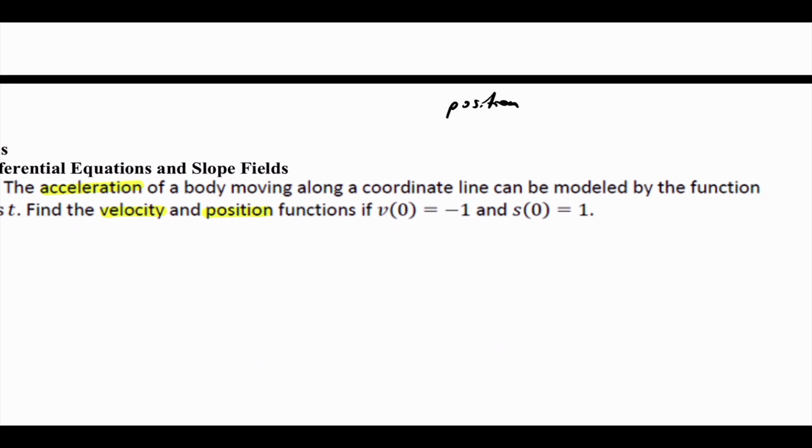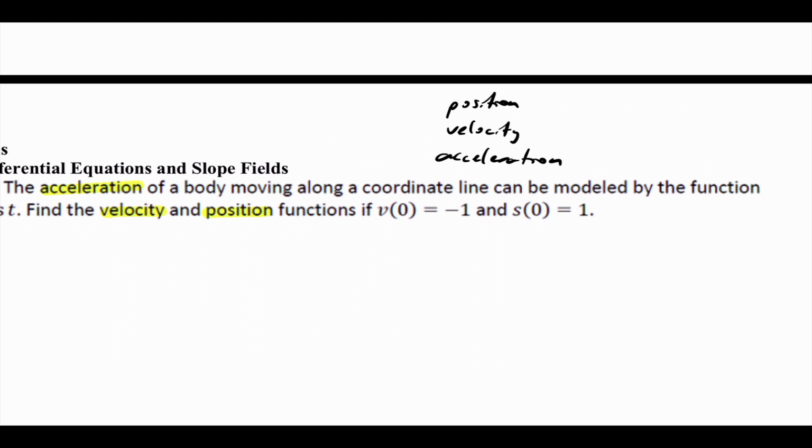So position, velocity, acceleration. So if you want to go down the list, you take derivatives. The first derivative of position is velocity. The first derivative of velocity is acceleration. The second derivative of position is acceleration, etc. If you want to go up the list, you do antiderivative.